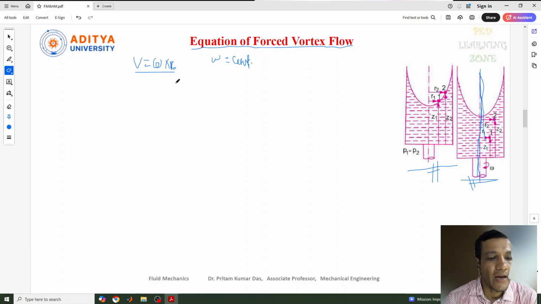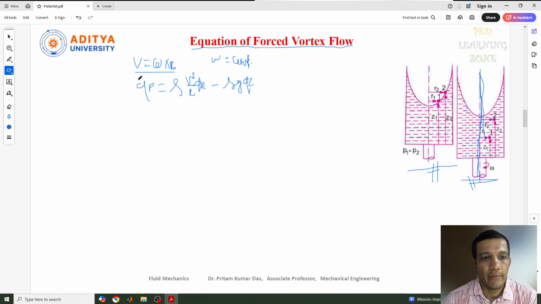We also know another equation we got in the last lecture, the pressure variation: dP equals rho V square by R into dr minus rho g dz.